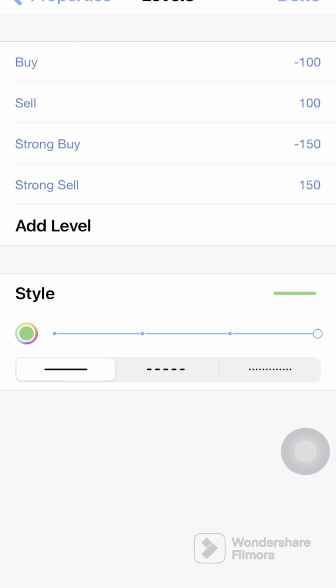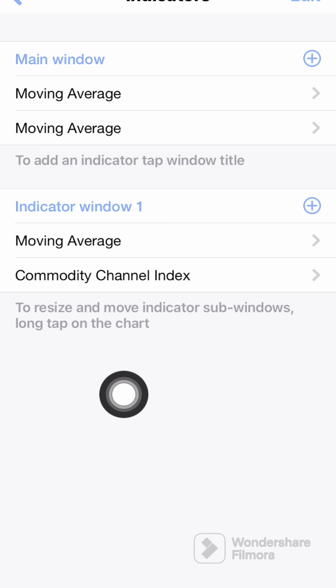Levels, we have 4 levels: buy -100, sell 100, strong buy -150, strong sell 150. Style green, done. So these are all the settings we have for this strategy.